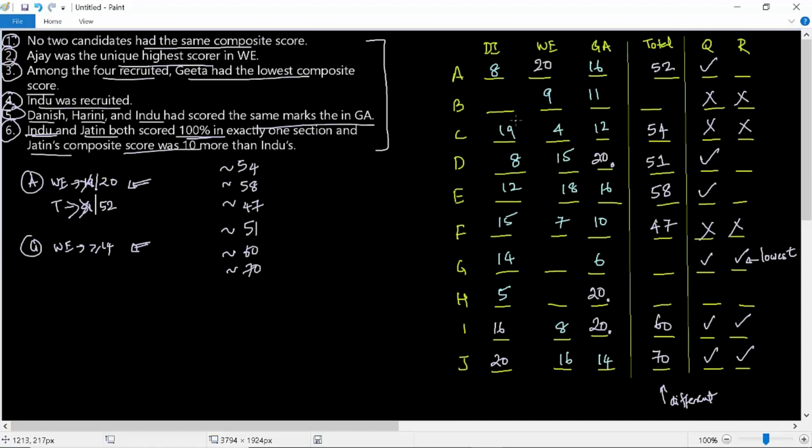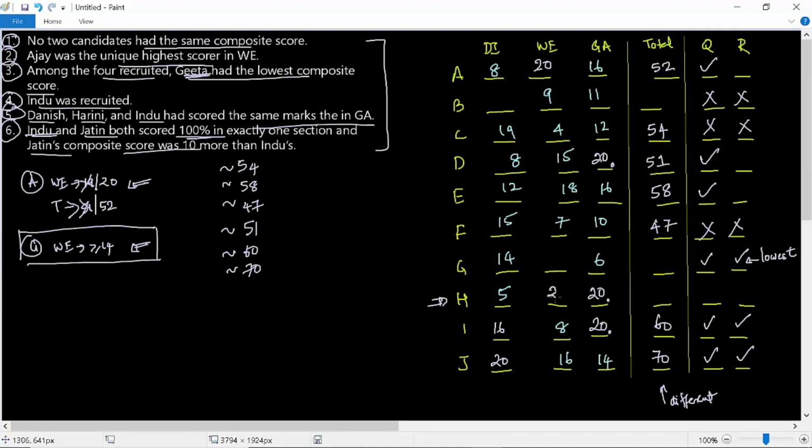Okay, now let's look at the whole story of G. We know that G was recruited and also has the lowest composite score. Now we don't have to worry about B because it's for sure that B has not qualified at all. We probably will have to worry about H a bit. Whether H is going to be recruited, right?